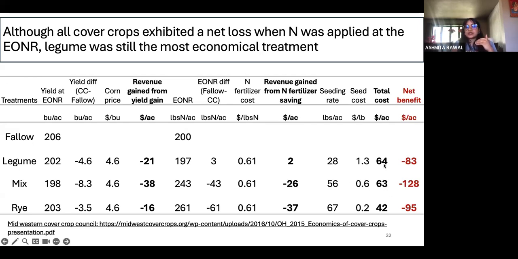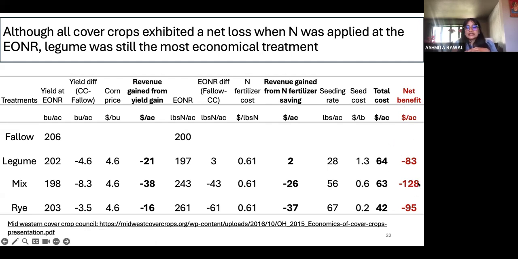And then this total cost also includes the cost of planting and termination, which was about $30 that I added on top of the seed cost. And all this cost we got from the Midwestern Cover Crop Council website.